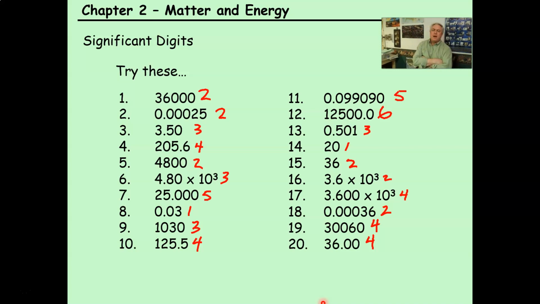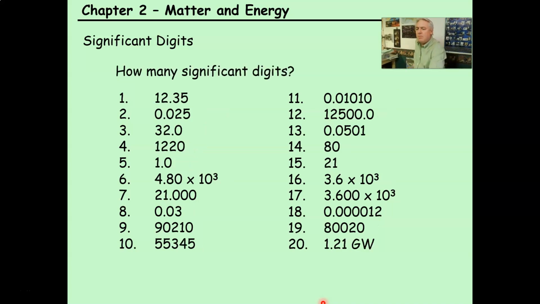All right, now what we'll do with this is when we go to do math operations, we have to know this particular concept in order to round the answer in the right spot. All right, so here is some more. Think about what you would put for these. I'll give you a second. How many digits do these have?